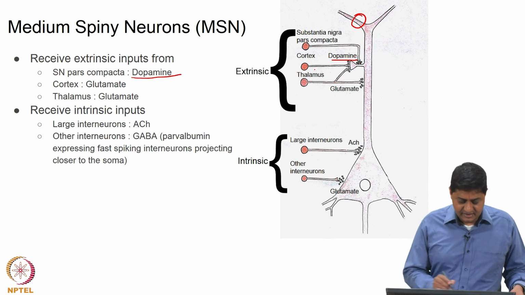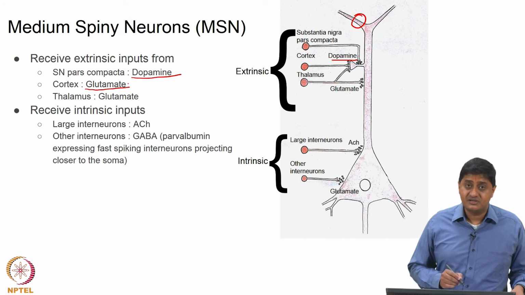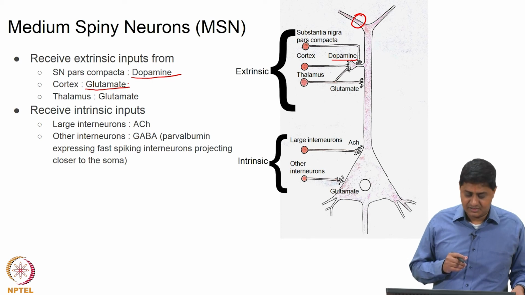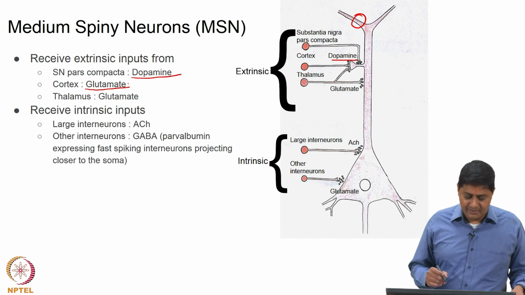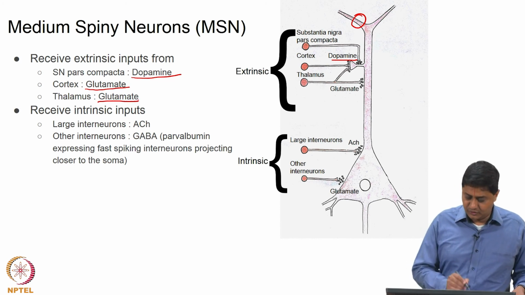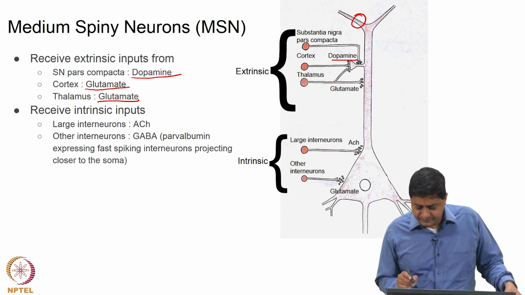What is the neurotransmitter? Glutamate. The cortical neurons, or the corticostriatal neurons, are glutamatergic, and the neurons from the thalamus are also glutamatergic. Important to note is the relationship between the nigrostriatal neurons and the corticostriatal neurons.